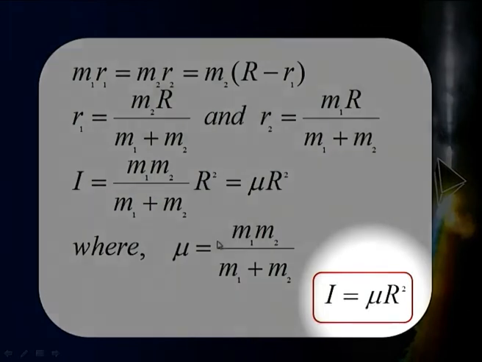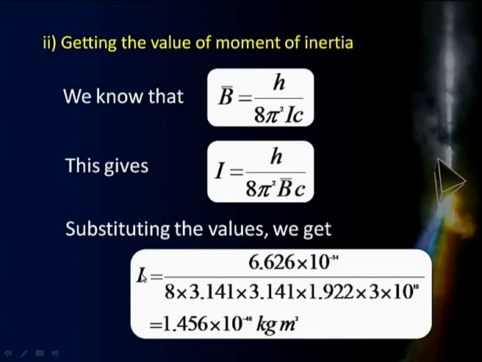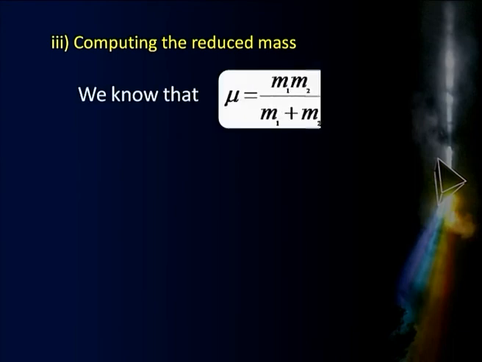Now, we know that moment of inertia, we defined that, you recall that we did make a small derivation there, that I is equal to mu r square, where r is the bond length and mu is the reduced mass. So, having got the value of I, to get the value of r I must know the value of the reduced mass. So, the next step is we compute the reduced mass, and by definition reduced mass is m1 into m2 by m1 plus m2, where m1 and m2 are the masses of particle 1 and particle 2, or in this case atom 1 and atom 2.